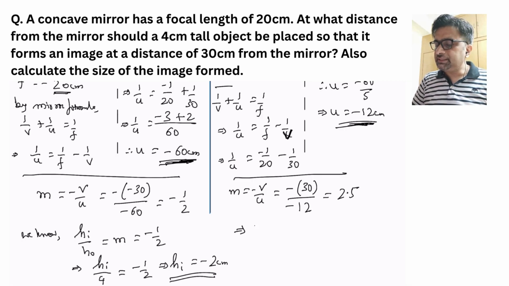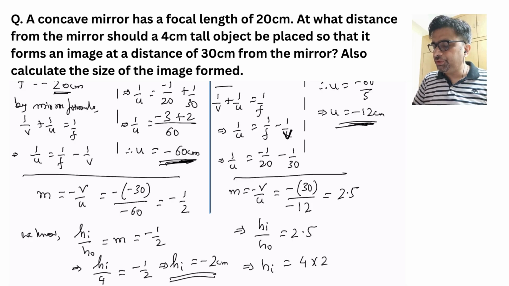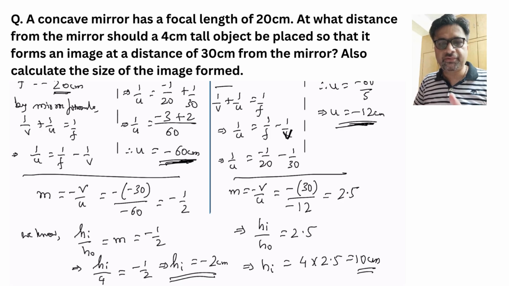So that gets us Hi by Ho is equal to 2.5, and therefore Hi is equal to 4 into 2.5, that comes to 10 centimeter. And the fact that this is plus 10, we are again good with the solution. It complies with our understanding that virtual images, because they're erect, by sign convention it would have a positive value.